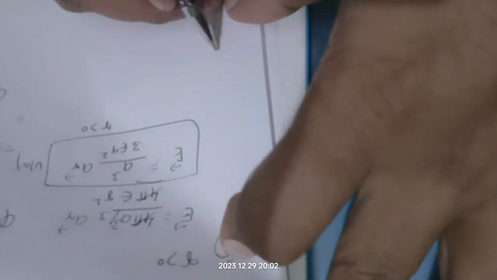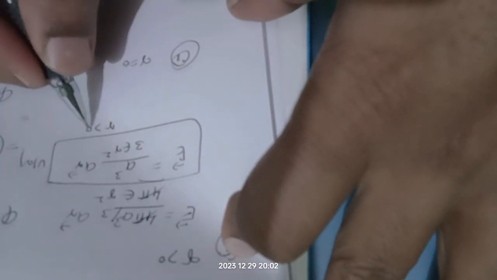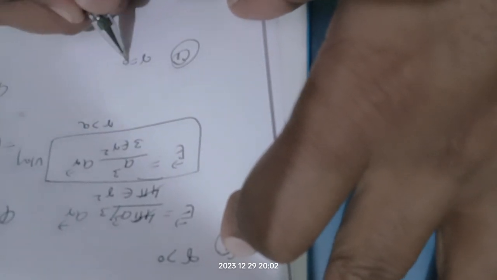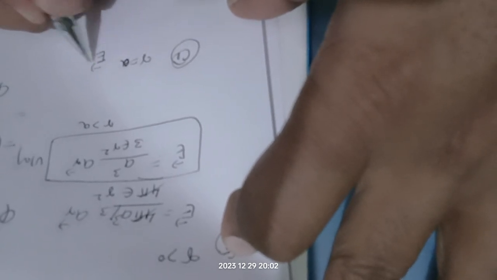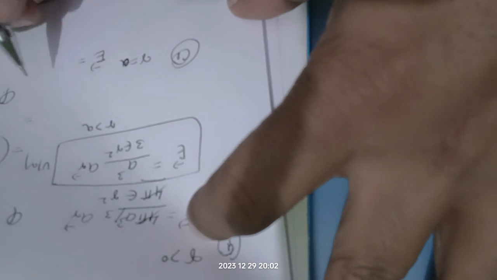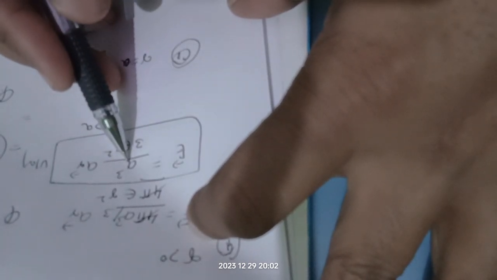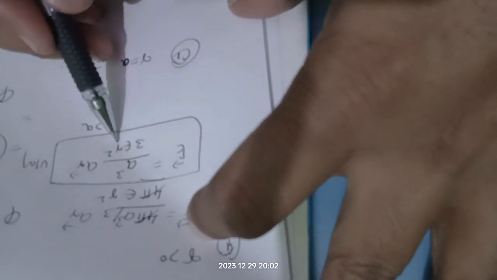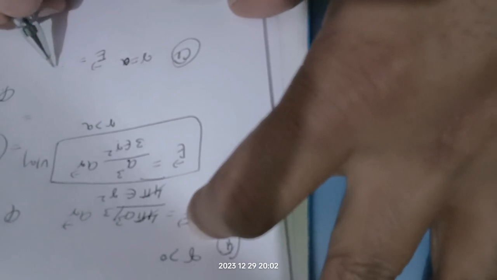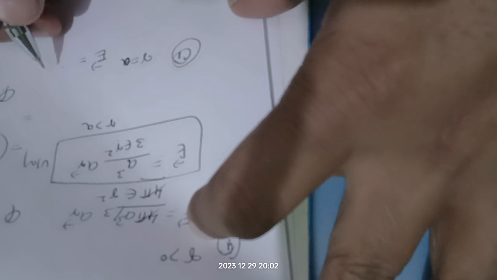Okay, so case 2 is when r is equal to a. R equals to a, E is equal to... So now what you can do is just substitute a as r here. So you will get r cube, so r square and r cube will get cancelled.